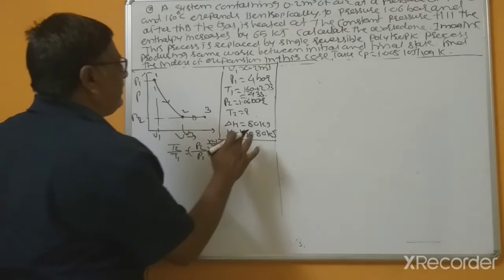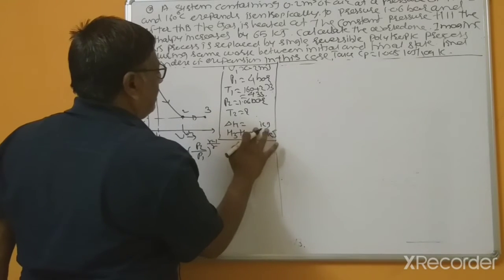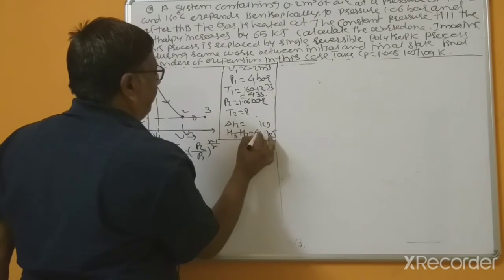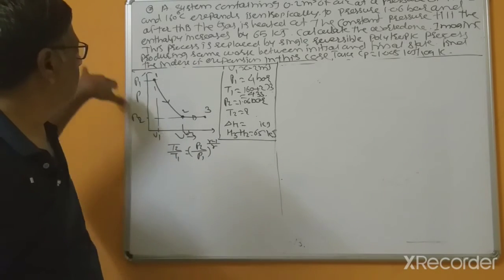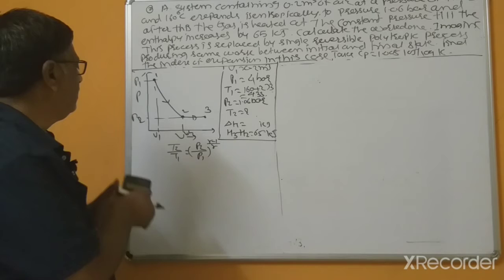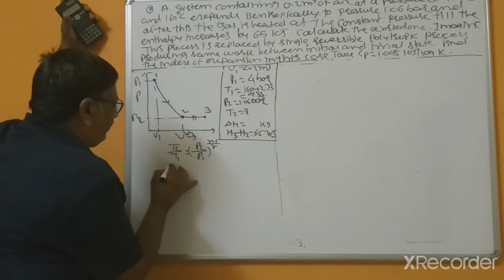Enthalpy increases by 65, this is given. Calculate.